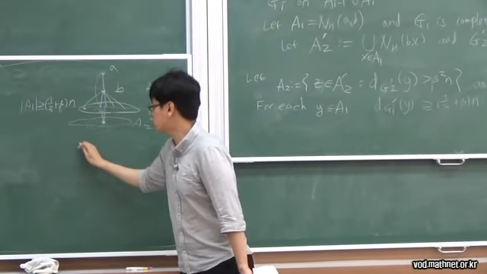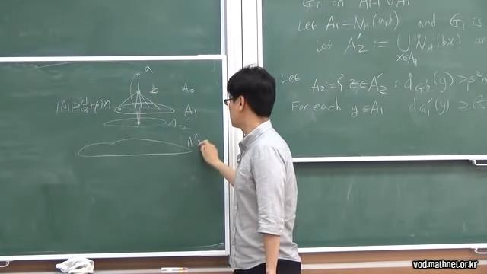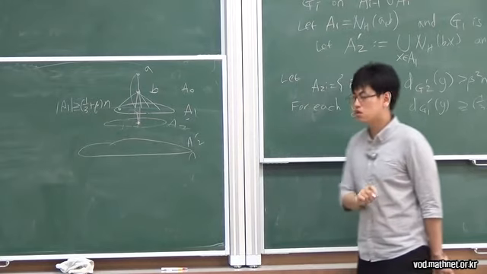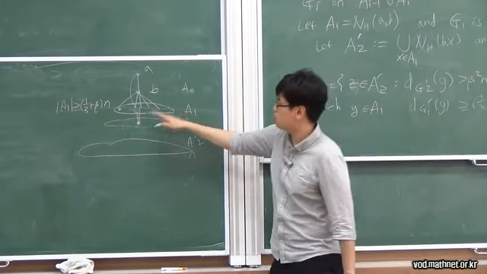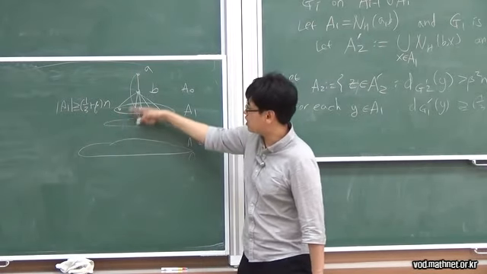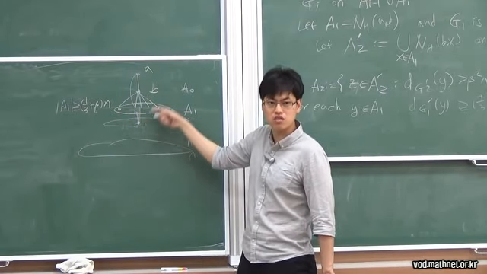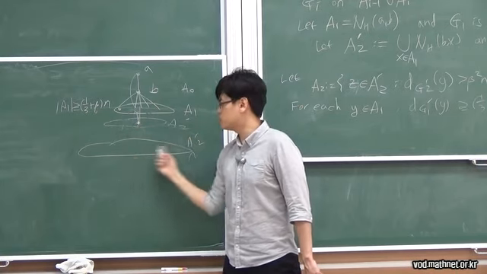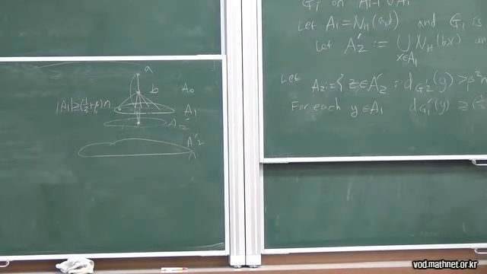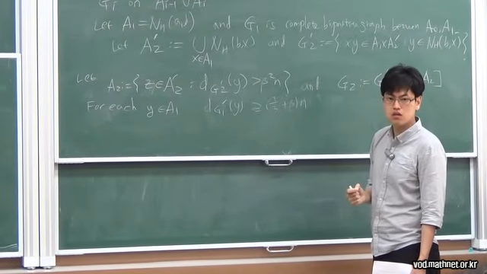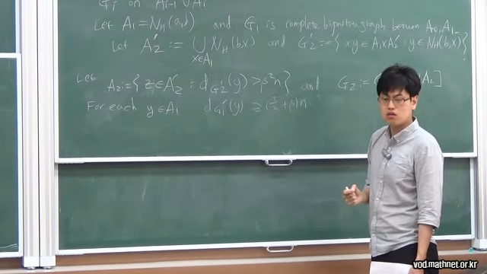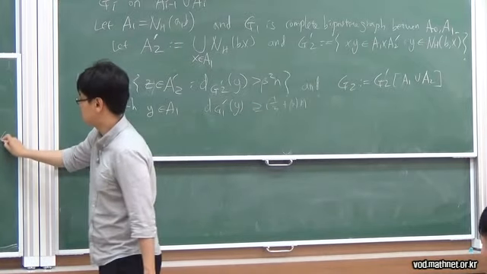So A prime 2, even if it's as large as n vertices, if it sends this many edges in here, and this has size also at least this, so there are at least 1/9 n squared edges between. So there should be at least a certain large number of vertices sending at least this many edges from below to up. Yeah, but do we know whether A2 prime is not too big? It's at most n. I understand. Yeah, size.